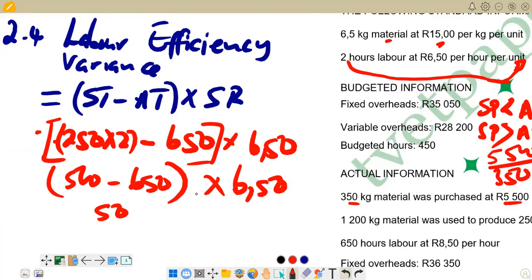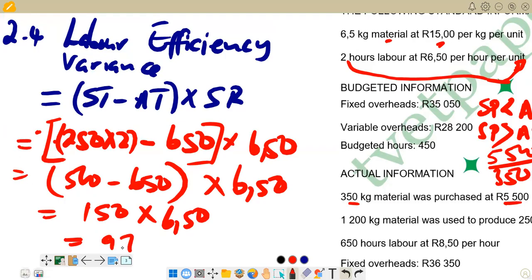We are going to get minus 150. Then we multiply by 6.50. When you do that, we are going to get 975.